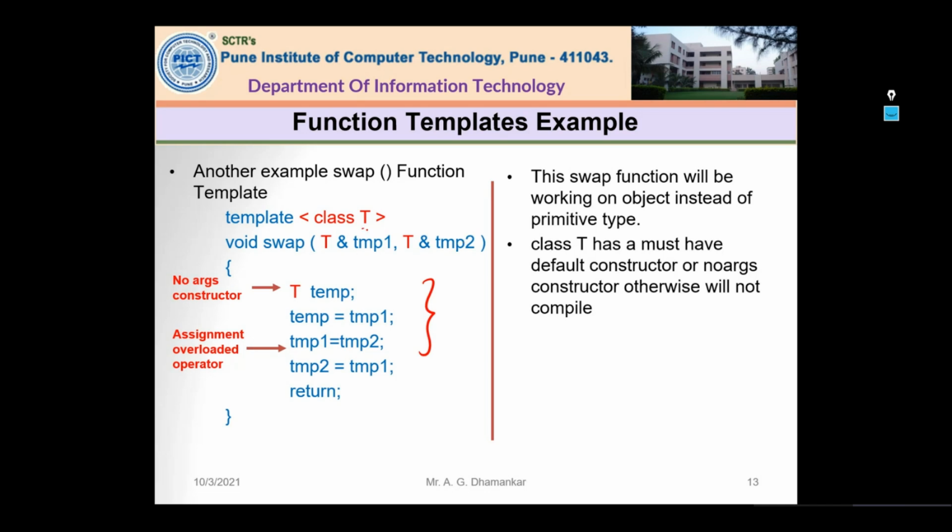So let's say T temp1, temp2, of the object reference of T. This is also one of the temp references of class type T.